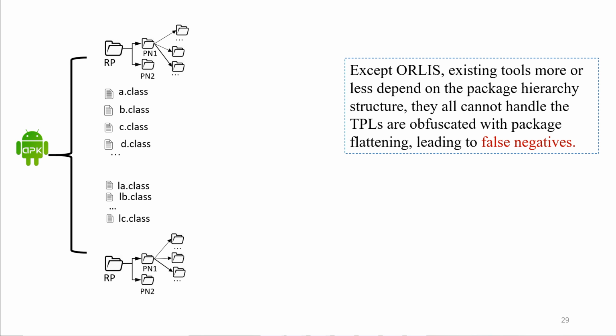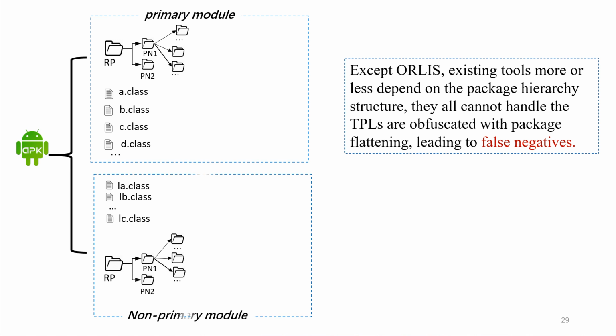Here we give the reasons to explain the false negatives and the false positives. Here we can see this picture. It's very common in real-world apps. It's a decompiled app, and we can find some strange files. These class files are without any package structures. That is, they are obfuscated.